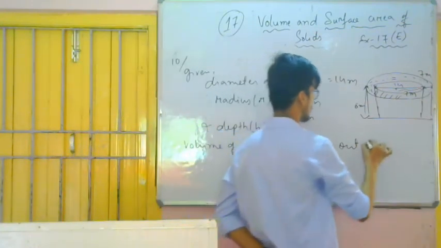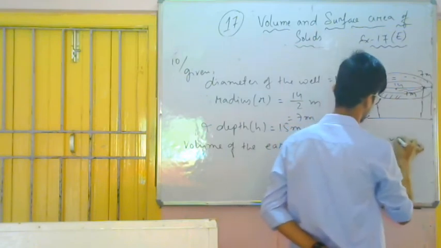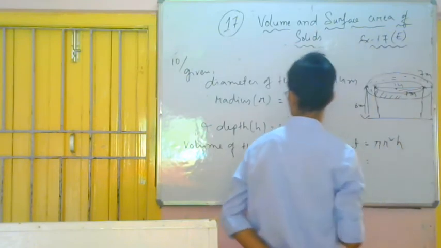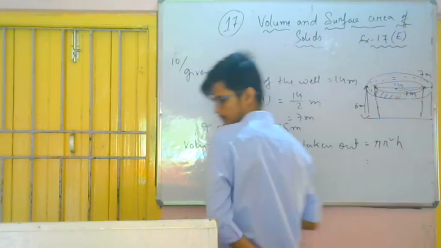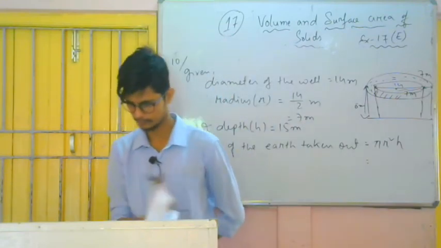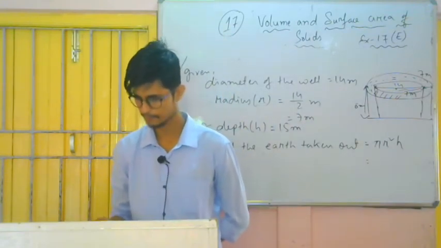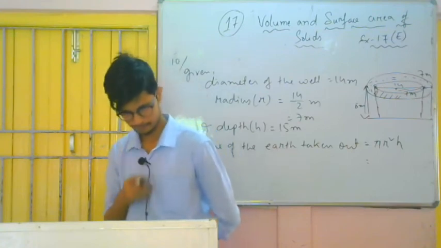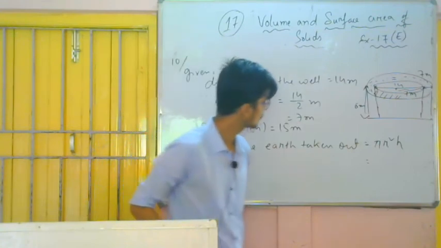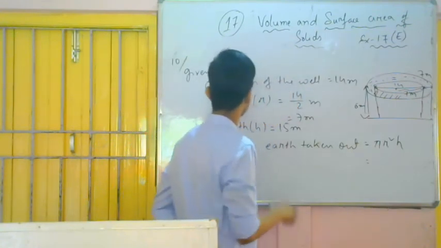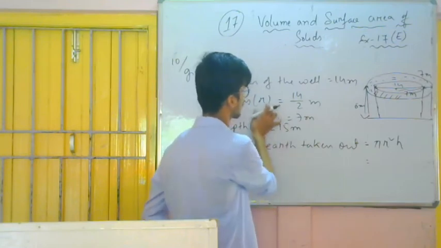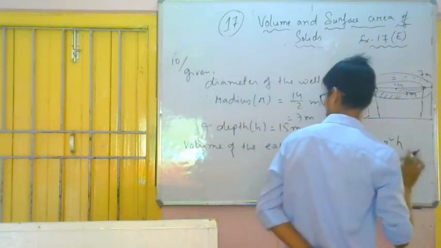So it will be pi r square h. So one thing you do, okay, yes, we are finding for the smaller one, it will be small, okay.